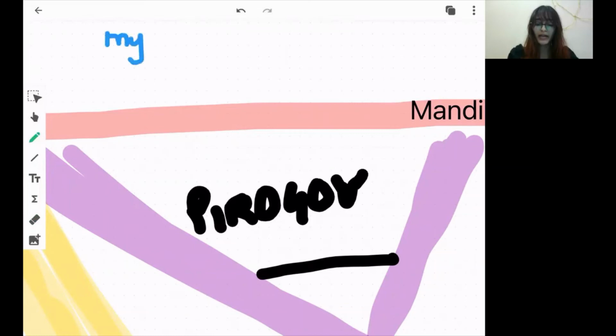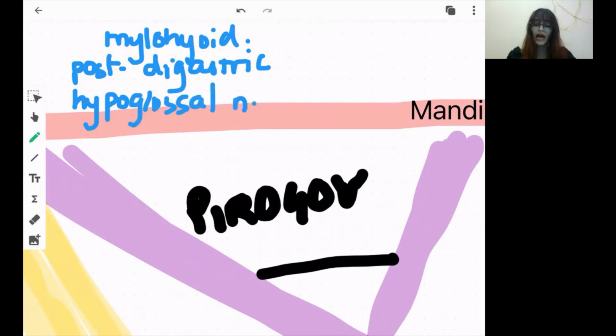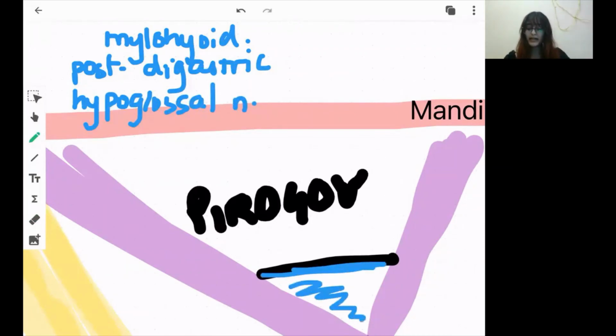Its boundaries are the mylohyoid muscle, the posterior belly of the digastric muscle, and the hypoglossal nerve. Hypoglossal nerve is up above, in front by the mylohyoid muscle, and by the posterior belly of the digastric muscle. This is your Pirogov triangle, and inside the Pirogov triangle you can find the lingual artery.